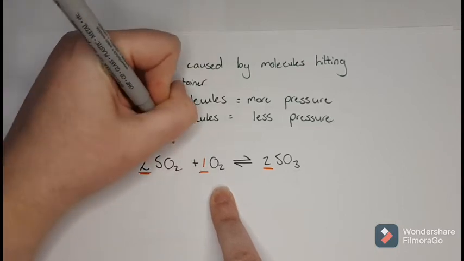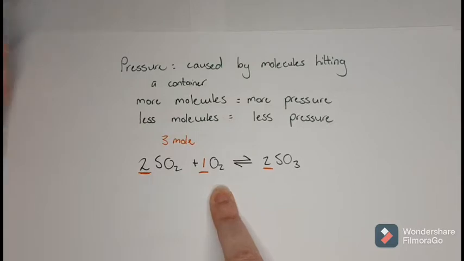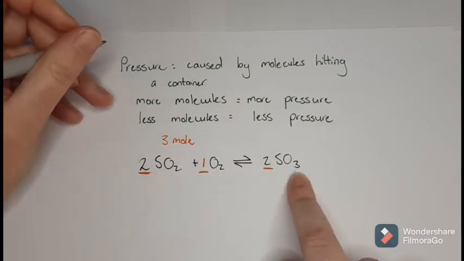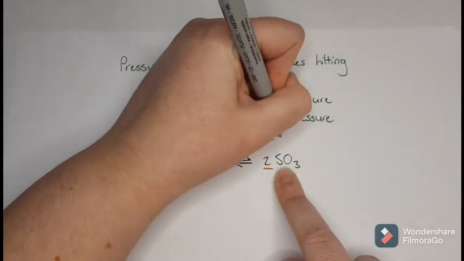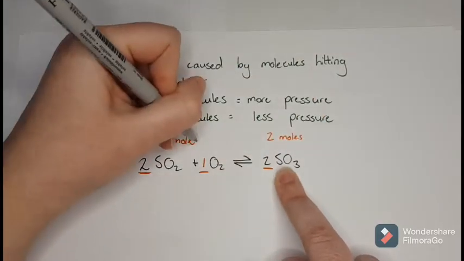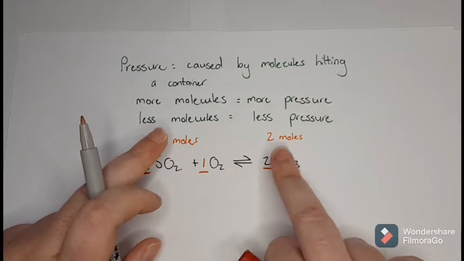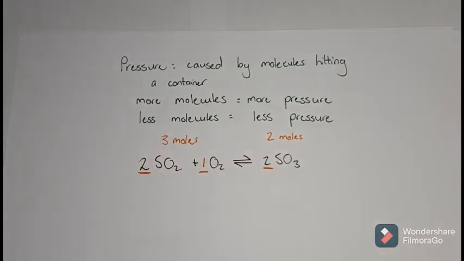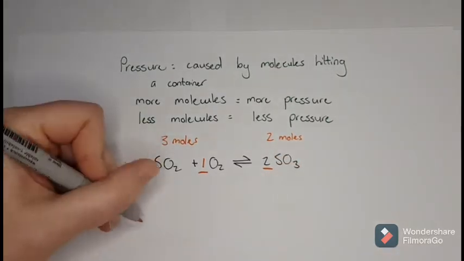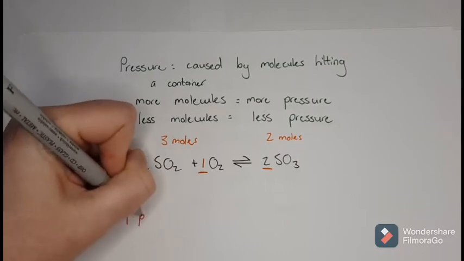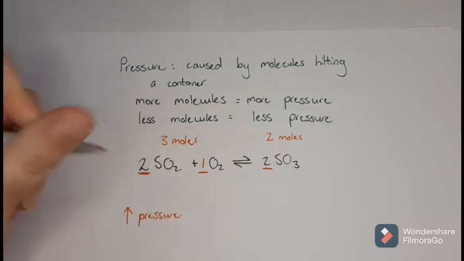So there are 3 moles in particular, or molecules. On this side, I only have 2. So now there is more on this side and less on this side. So now depending on what I do to the pressure, if I increase in pressure, that's going to mean that now I have a lot more pressure.